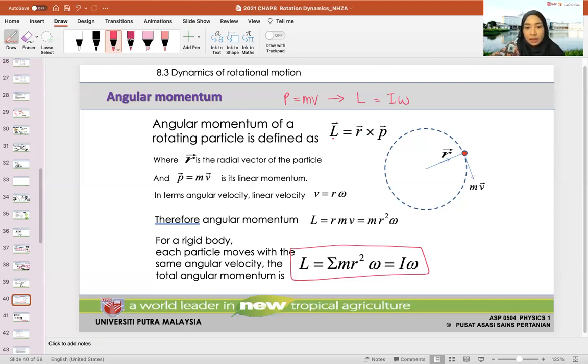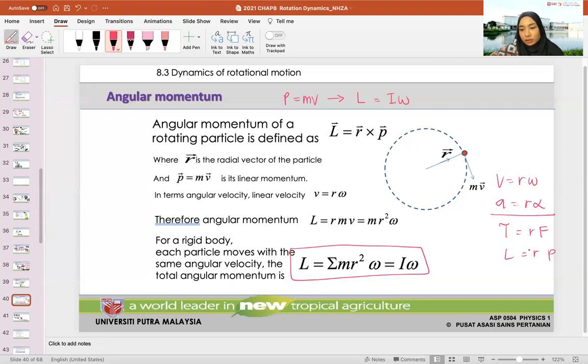Wait. So L is given as R times P. It's the same as... oh, not the same. V is equal to R omega, A equals R alpha. This one is reversed, like torque equals RF, L equals RP.